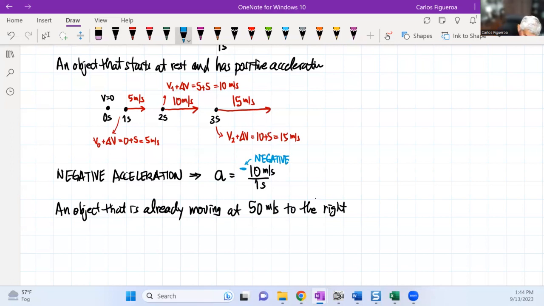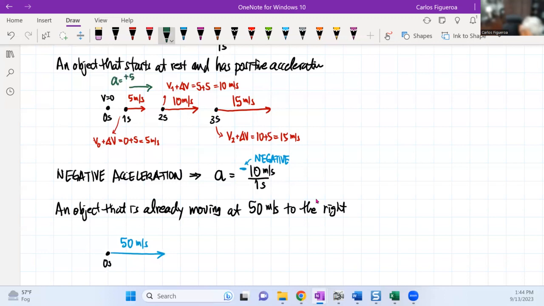So then I start my motion diagram again. So here's my motion diagram. At 0 seconds, we know that this thing is moving, let's say, at this length here, which is 50 meters per second. You know what I forgot to do this time? I forgot to say that this is my acceleration.